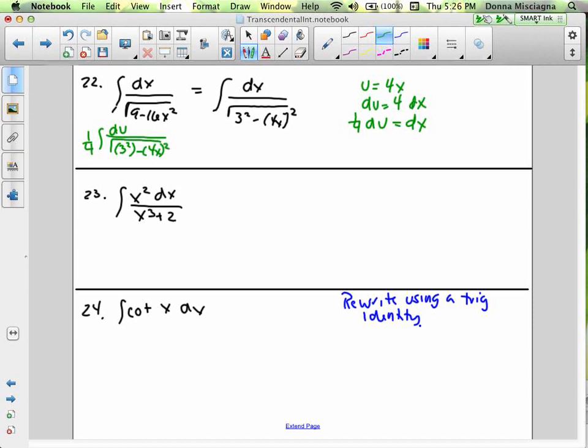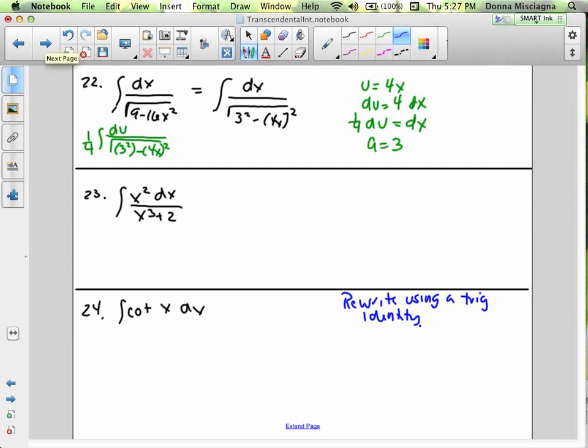All right, so when we rewrite, this is going to be arcsine, right? And the 4x is going to be the u part, the part in the numerator of what we're taking the arcsine of, and the a is the 3. Right?